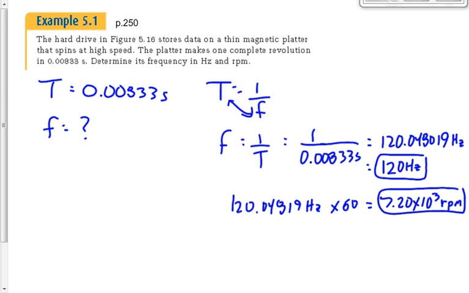Yep. Also, more chance of something going wrong. A computer hard drive is a pretty sensitive piece of equipment to begin with. You talk about dropping it. This hard drive is spinning at 7,200 revolutions per minute. You can imagine there's a little reader that gets really close to this spinning hard drive.